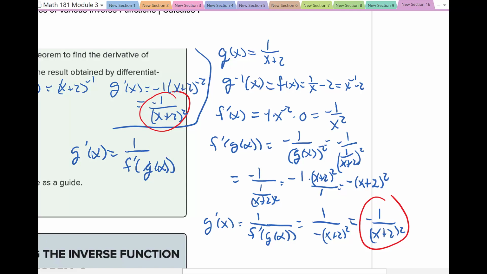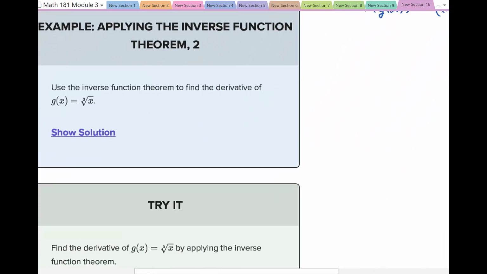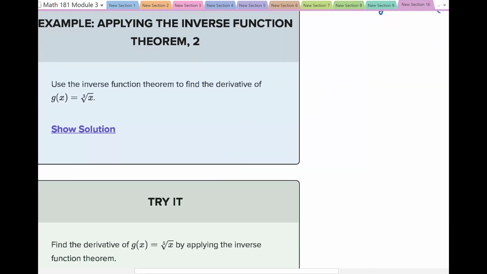Okay, let's move on a little bit. Remember, you can always pause these. Use the inverse function theorem to find the derivative of g of x equals the cube root of x. So for that, again, if we're going to find the inverse function, I'm hoping you see the inverse function for this one.